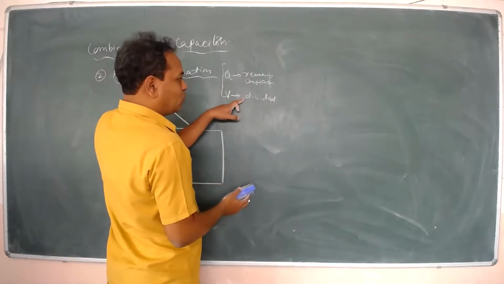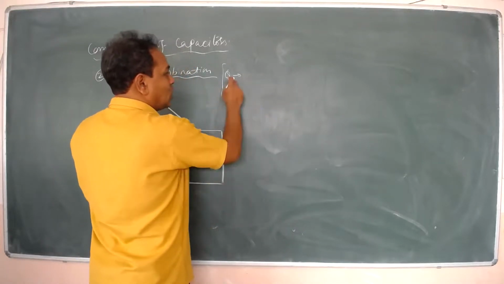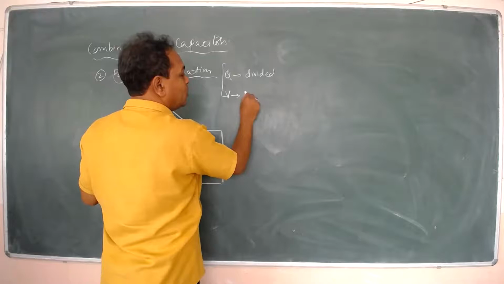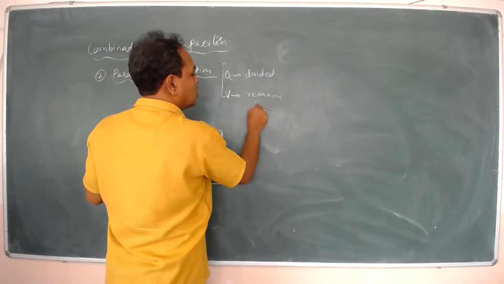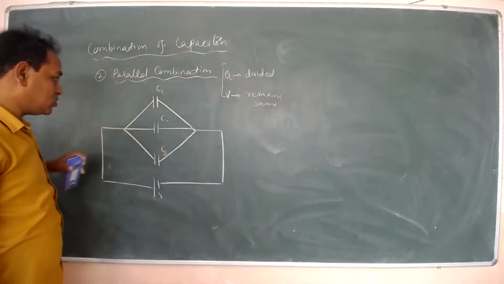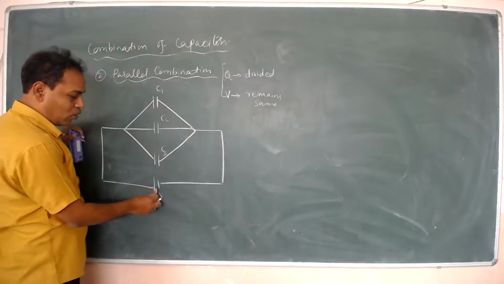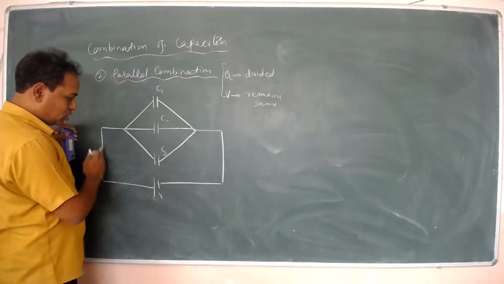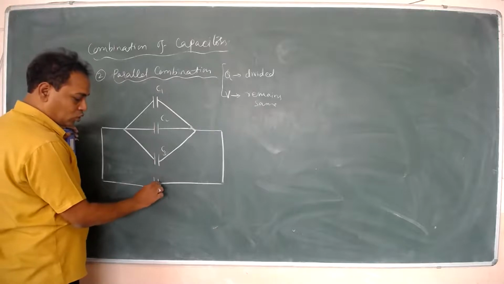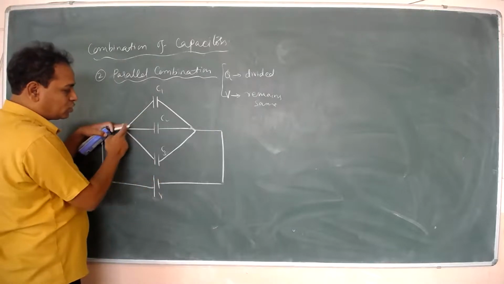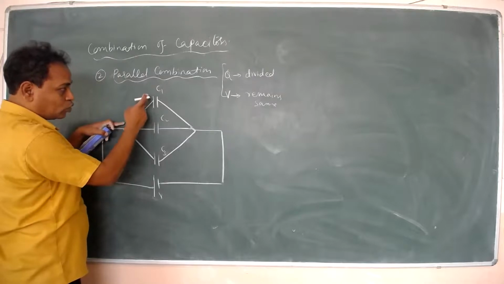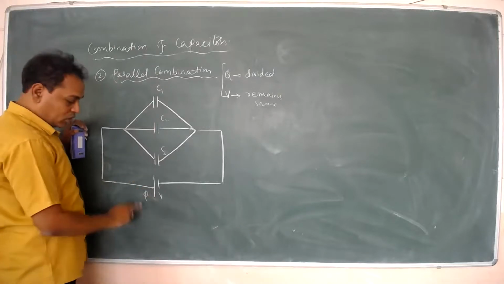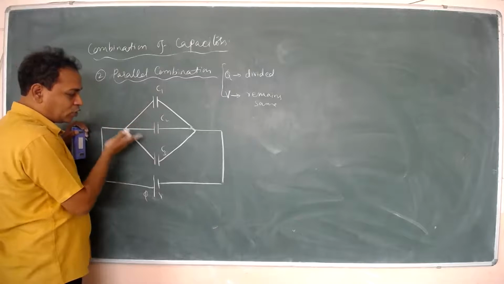Whatever charge is supplied by this voltage will be distributed to C1, C2, and C3. Suppose it has produced a charge Q. This Q will be divided among the three capacitors.